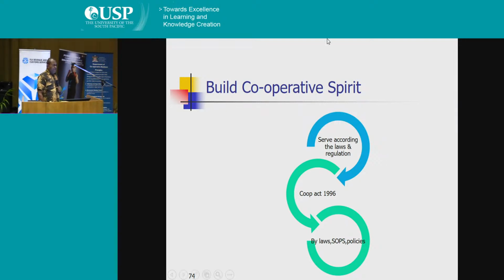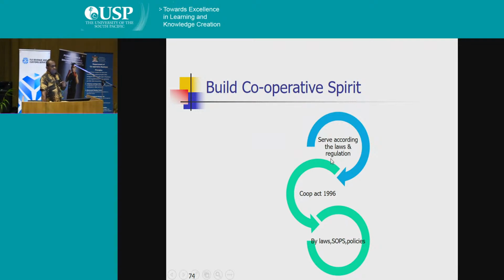They have this kind of spirit that connects them and keeps them going: the togetherness, the love, the care. We also have this spirit in the cooperative movement. This is called the cooperative spirit.